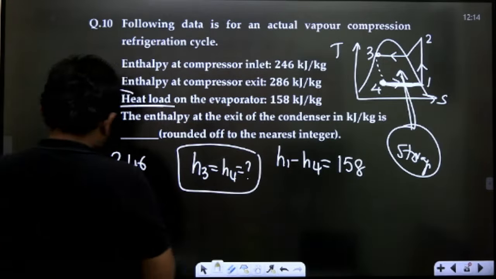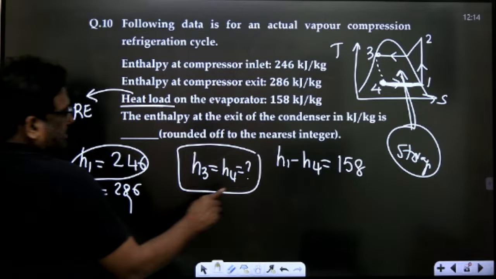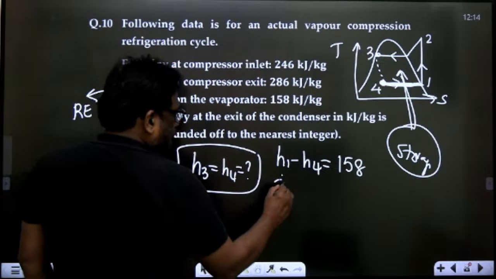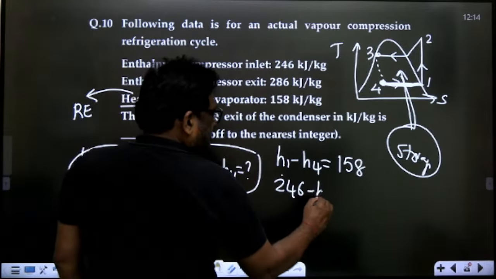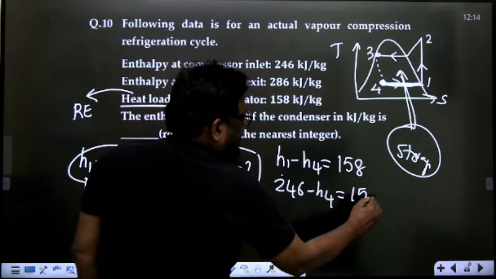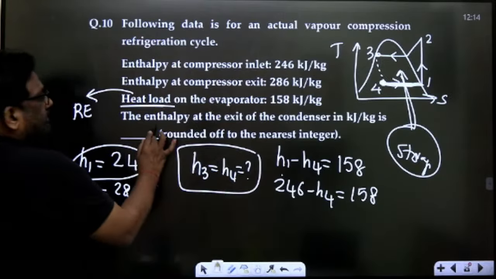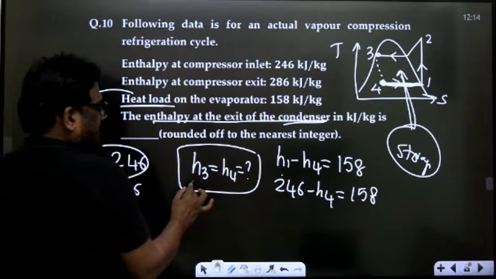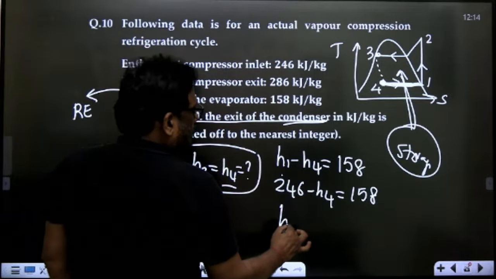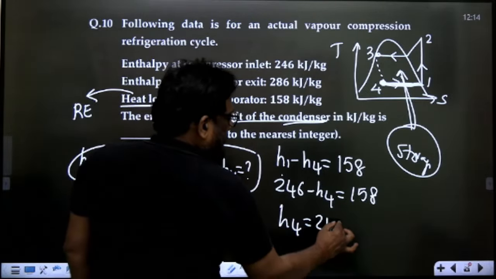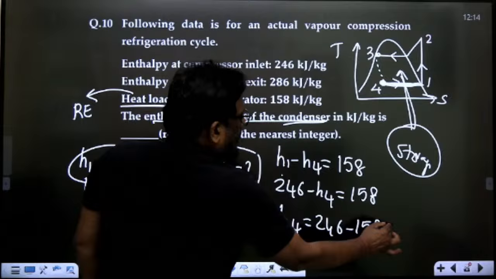H1, H4. H1 is already given as 246. H1 minus H4 is equal to 158. He is asking the enthalpy at the exit of condenser. Exit of condenser means H4. So what is H4? 246 minus 158. How much is this?